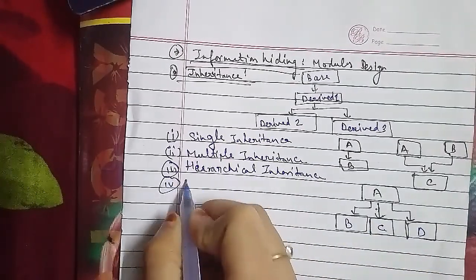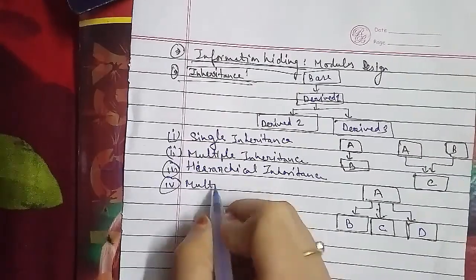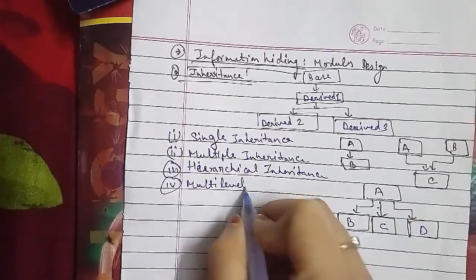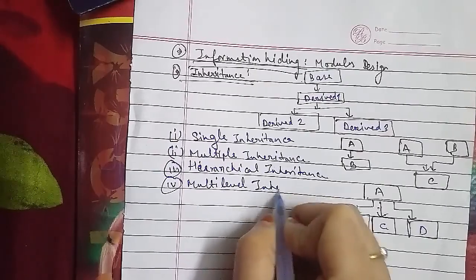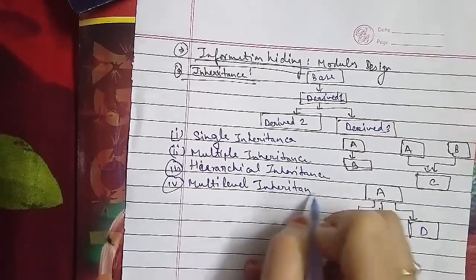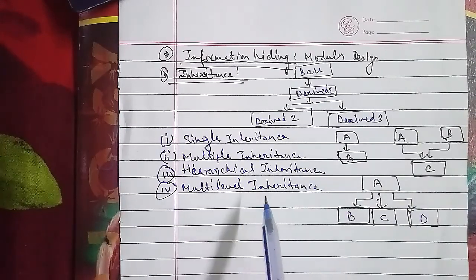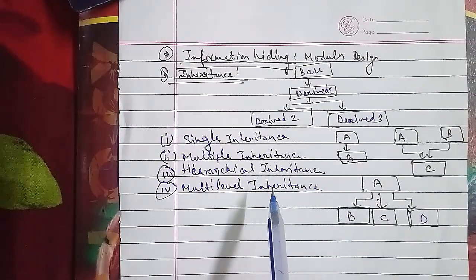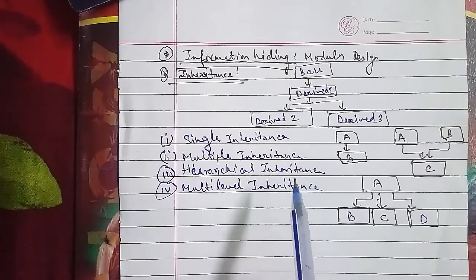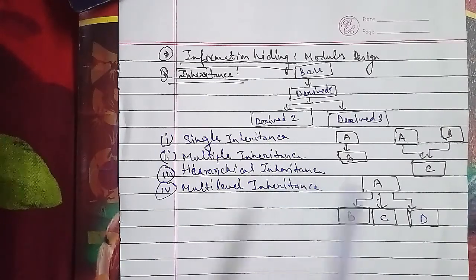The fifth and last inheritance we have is hybrid inheritance. In hybrid inheritance, the inheritance hierarchy reflects any legal combination of the other four types of inheritance.